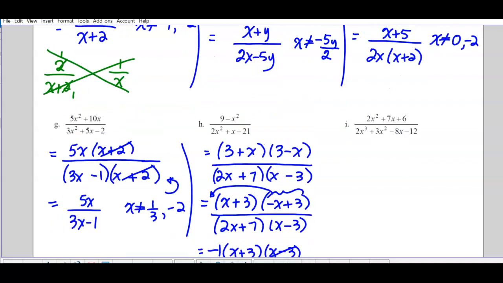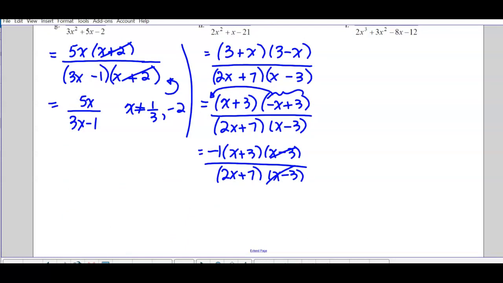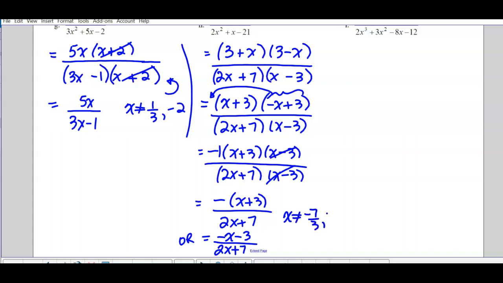So then I can show this as negative bracket x plus 3 over 2x plus 7, or factor in, you can expand in the negative. Normally we leave it factored, but you can do either one of those. And remember, x cannot equal negative 7/3 and positive 3.